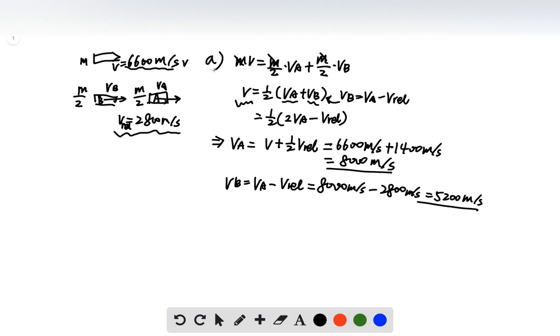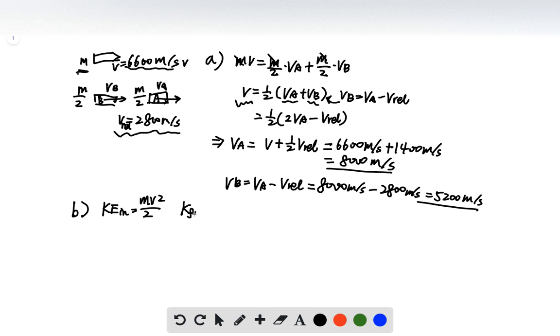So you can see, we don't really need to know the mass of the rocket for part A, but we do need to know that for part B. Part B asks us what is the change in kinetic energy. Previously, we have kinetic energy initially equals half of m v squared.